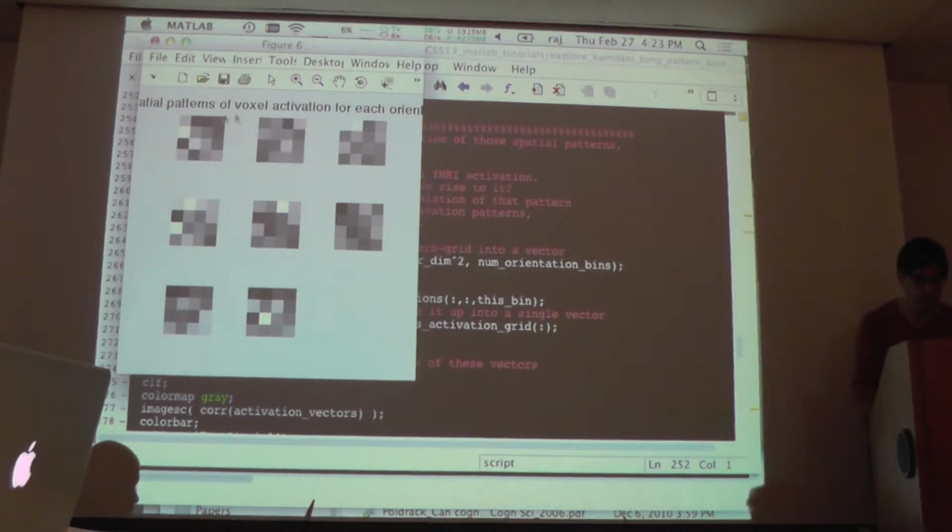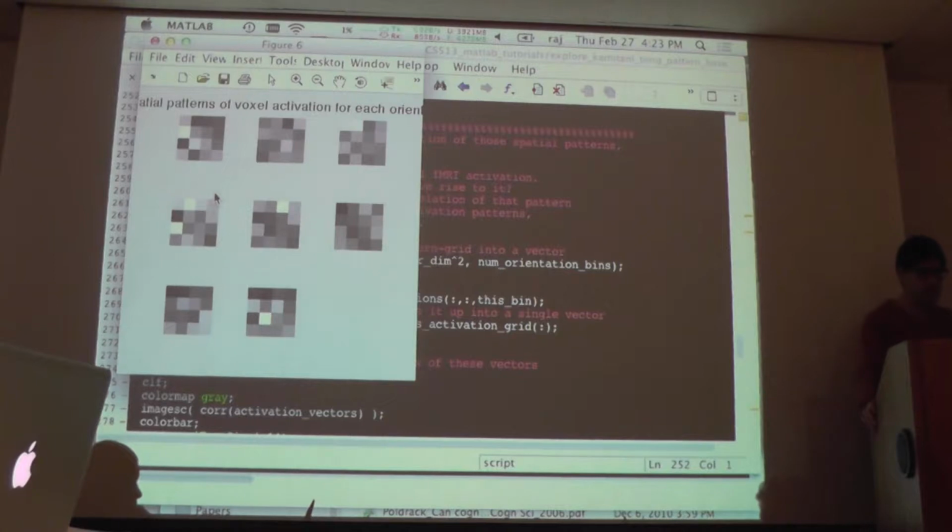Instead of looking at the correlation of this pattern with that pattern, I take the absolute gray level values, get the voxel by voxel difference in gray level values, square that, add them together, and take the square root. That's called the Euclidean distance, which is basically, if these were points in space, how far apart would they be from each other? That's another pretty good measure of distance. And different distance measures are sensitive to different things.